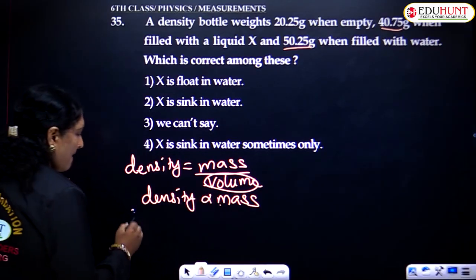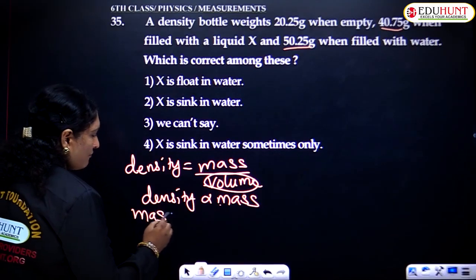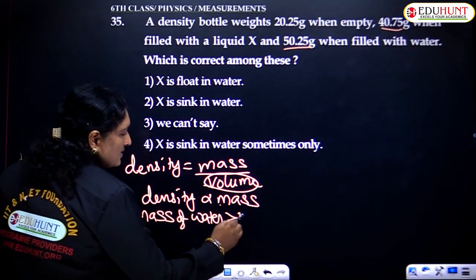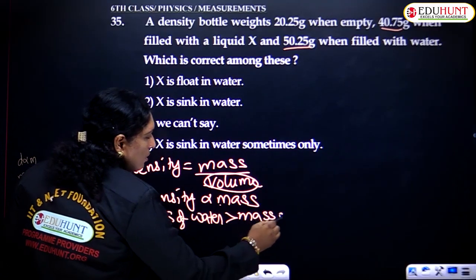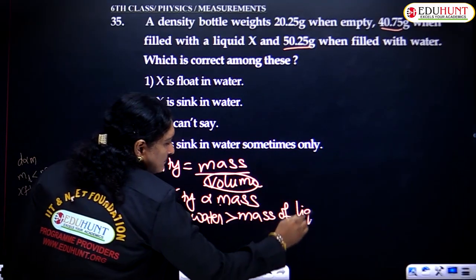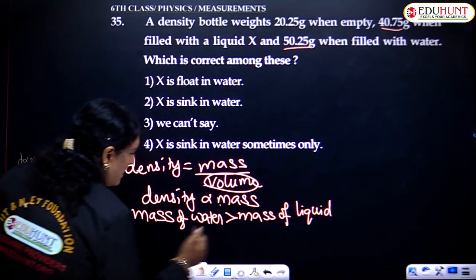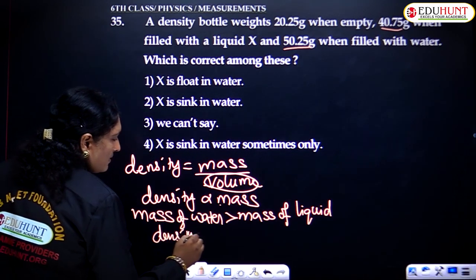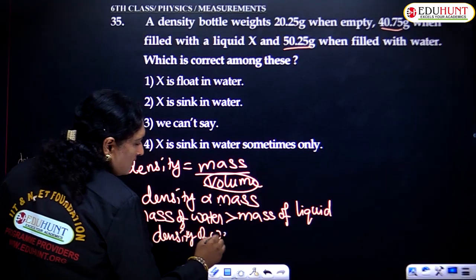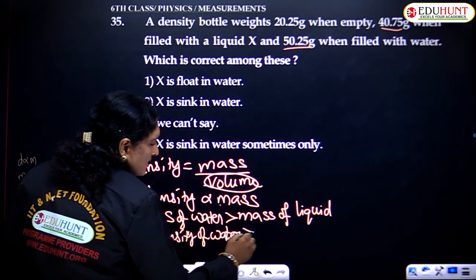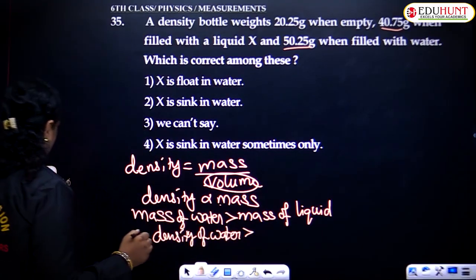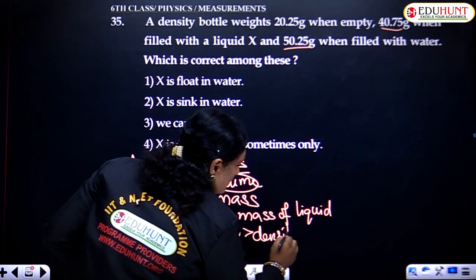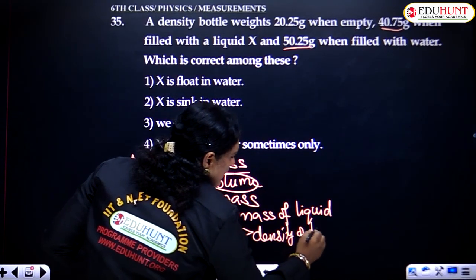So as mass of water is greater than mass of liquid, we have density of water is greater than density of liquid.